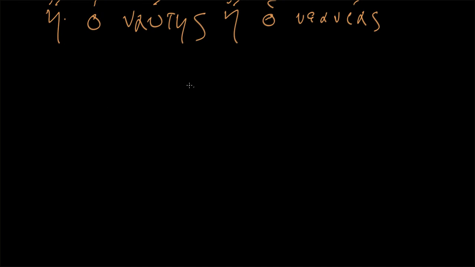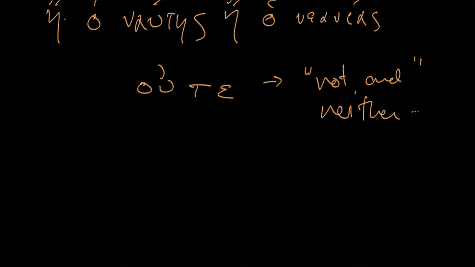However, te can pair with u. And what this simply means is not and. And what this functions out to mean is neither, and then neither nor when we get into the doubled scenario. So we have u plus te, that te is going to give an accent to the proclitic u, and now we've got, these are written together as one word, so let me write it a little bit more closely.